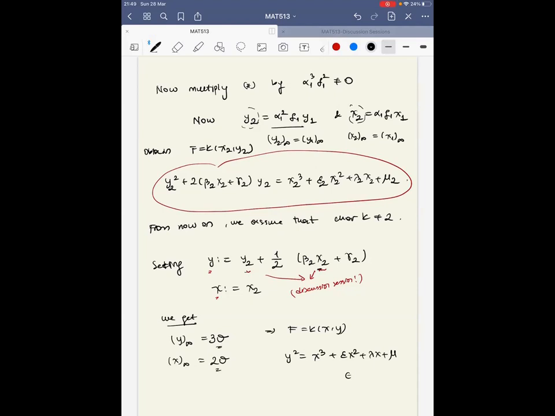Or in other words, it can be written as y squared equals f of x, with f a degree 3 polynomial from k of x.